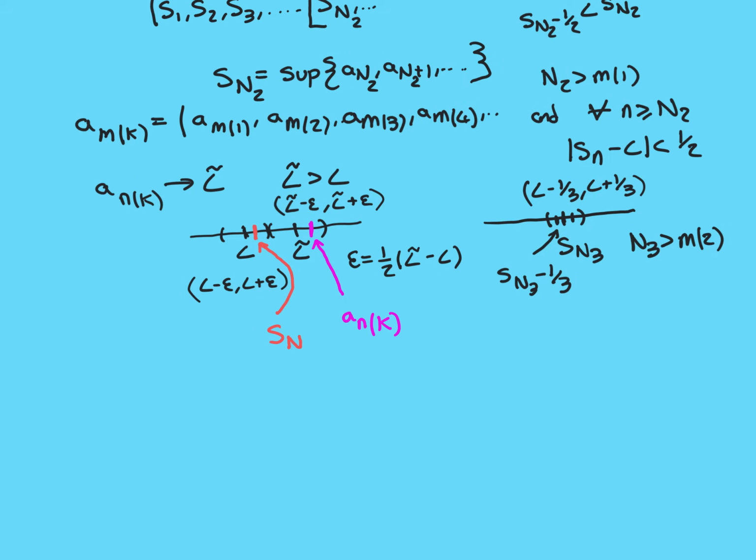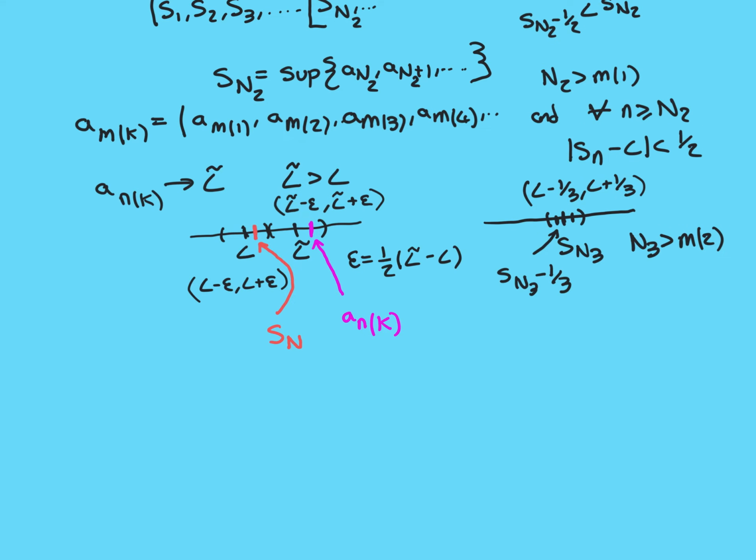Now, because the sequence of supremums converges to L, I know that I can use this epsilon in my definition of convergence, and I can say that there will exist some term in that sequence which I'll call S big N, and obviously it's not the same S big N as we used previously, I'm just using the same notation for it, but there is a supremum in that sequence of supremums such that it and all terms beyond it are inside this epsilon interval around L. Now, I don't actually, for the sake of this proof, even need it to be the case that all terms beyond it are inside here.